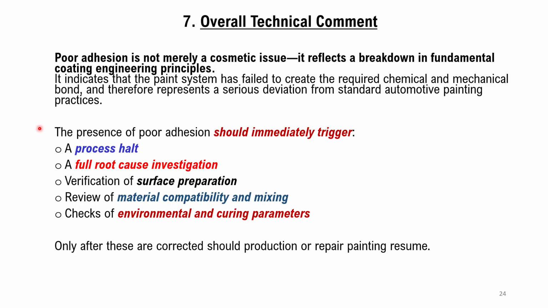The presence of poor adhesion should immediately trigger a process halt, a full root cause investigation, verification of surface preparation, review of material compatibility and mixing, checks of environmental and curing parameters. Only after these are corrected should production or repainting resume.